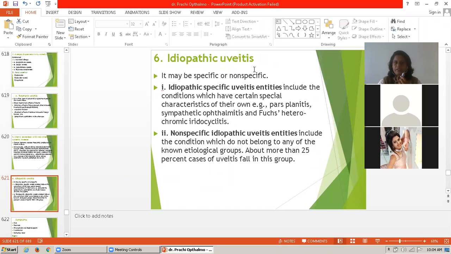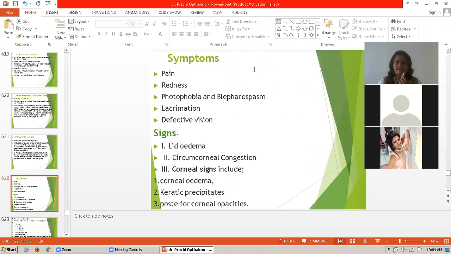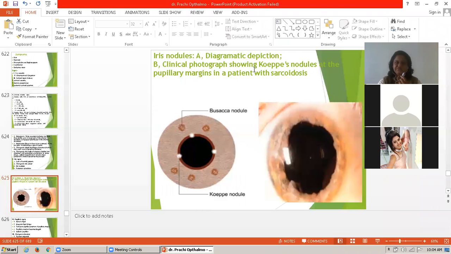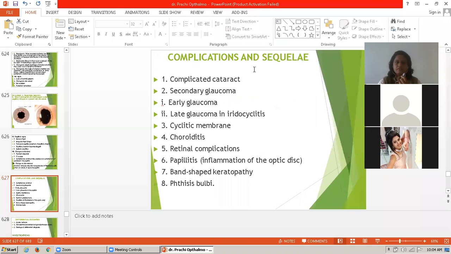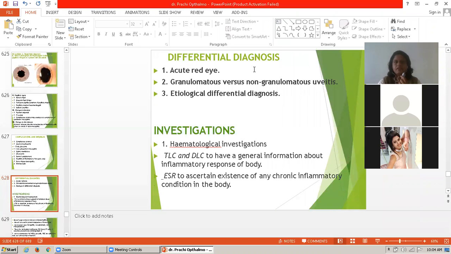Sixth is idiopathic uveitis, its signs and symptoms, its complications and sequelae, differential diagnosis of uveitis, and investigations required for uveitis.